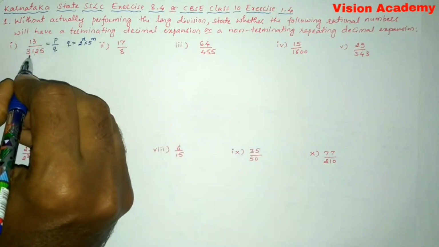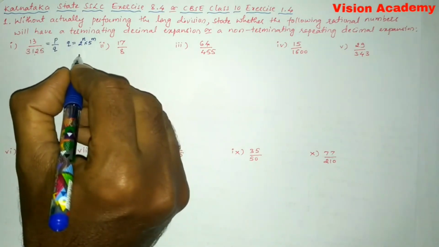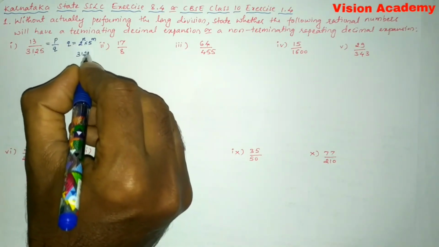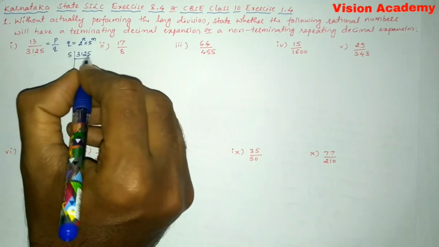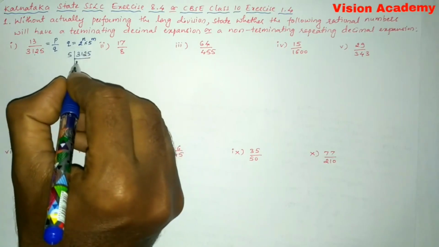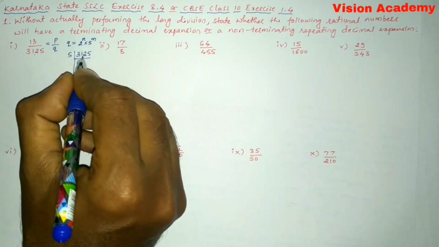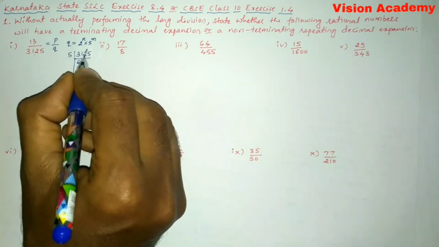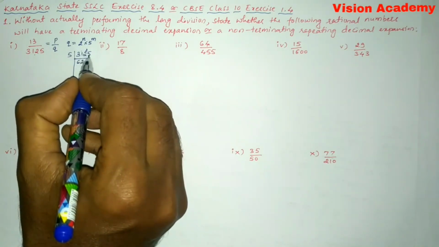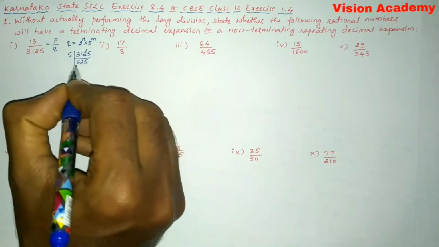So let us expand this denominator 3125 and let us divide this by the prime factor 5 because it ends in 5. 5 6s are 30, carry 1, it will become 12. 5 2s are 10, 2 will be the remainder. It will become 25. 5 5s are 25.